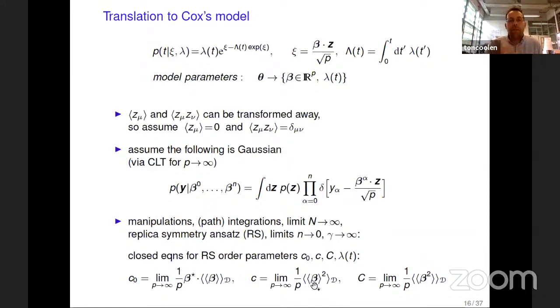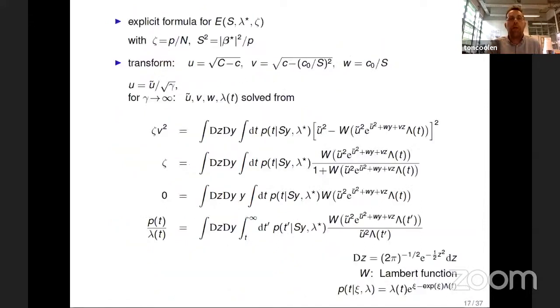But you can already feel intuitively that this type of information follows the details of these data clouds that I gave you earlier. If you want to see what the things look like, then you find an explicit formula for this overfitting measure E, which turns out, in the limit of large N and large P with fixed ratio, to depend only on two things, namely the ratio of number of variables over number of samples and the rescaled magnitude of the true parameter vector.